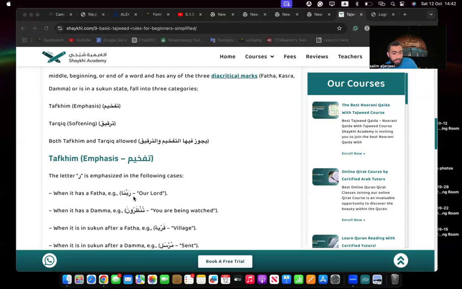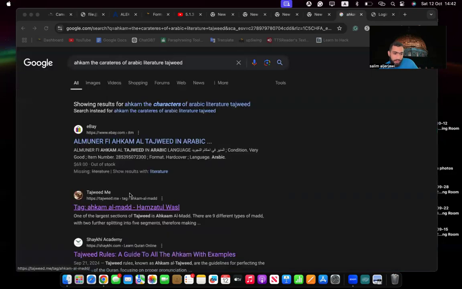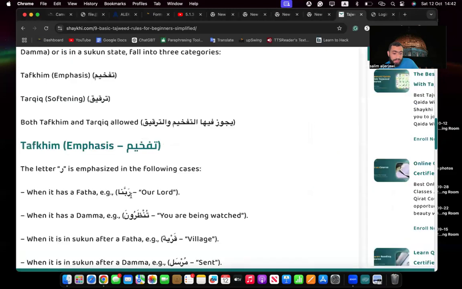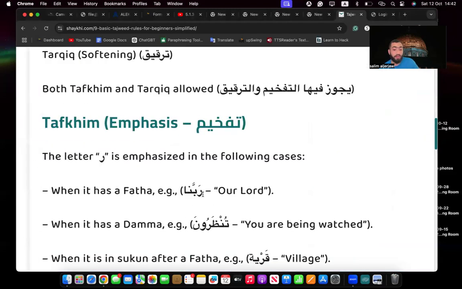Look here: Rabbana, not Rabbana. No, it doesn't sound good, right? Because it has a fatha, the ra is thick. ربنا, it has a dhamma.